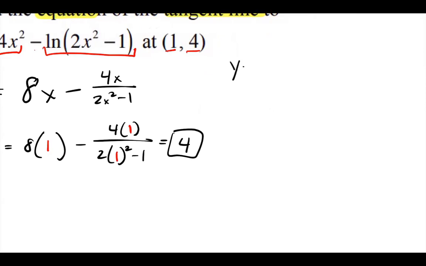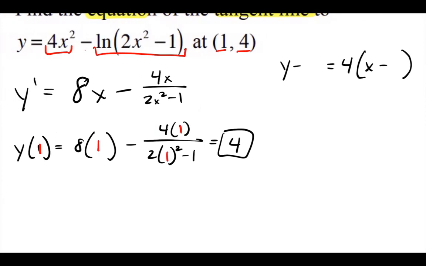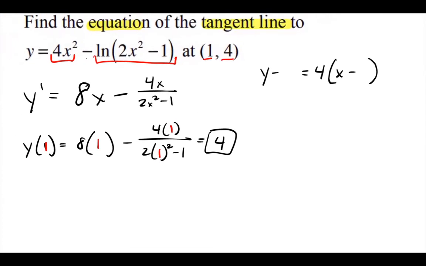So we got y minus equals the slope, x minus equals. So what do we do now? Enter into an equation. Yep. So we have a point here, right?